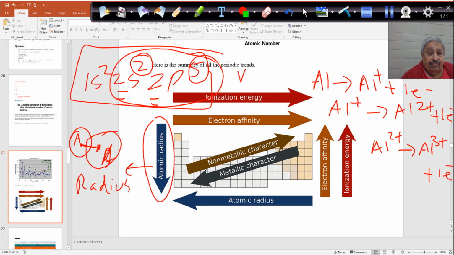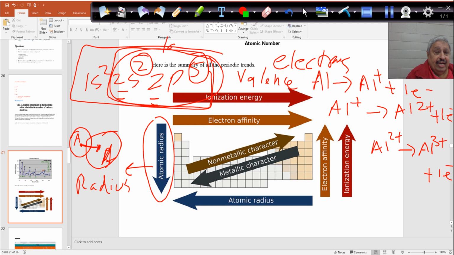This is called the valence electrons, and this is called the outermost, last shell, last orbital. And I have how many? 7 electrons, 2 and 5. Why 7? Because 2 here and 5 here, the second shell is the last shell.